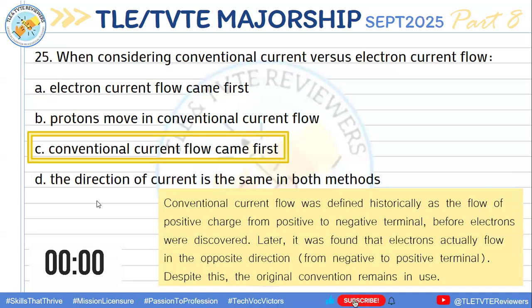And letter D, the direction of current is the same in both methods. Still incorrect because the directions are opposite. Conventional current assumes positive charge flow, while electron current is the actual flow of electrons in the opposite direction. So, our answer here is letter C, conventional current flow came first.